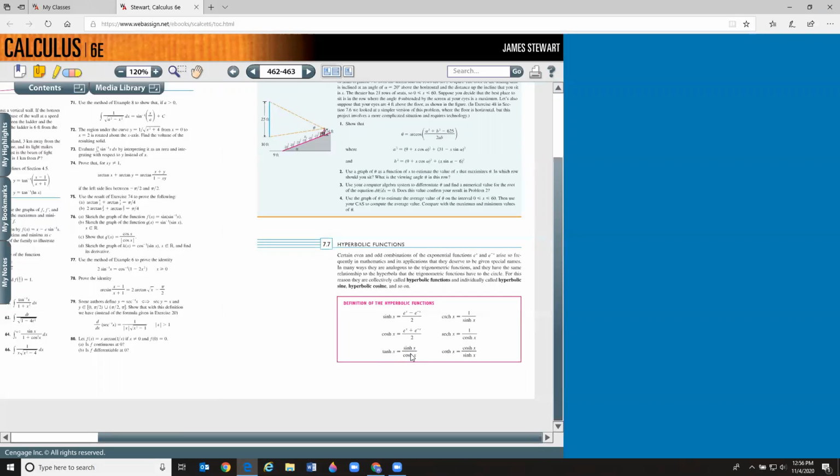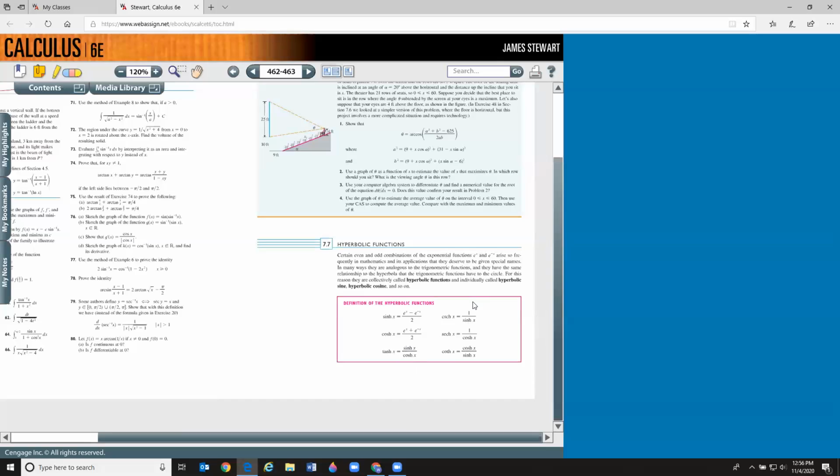That should sound familiar. If you want to know what that looked like, you would simply take the definition of sine as given, the definition of cosine as given, reciprocate, multiply, do just a little bit of simplification. And you'll find that your hyperbolic tan is also equal to e to the x minus e to the negative x over e to the x plus e to the negative x.